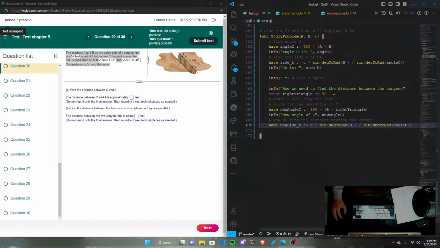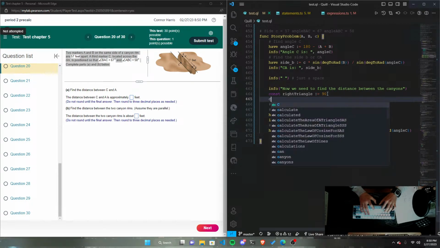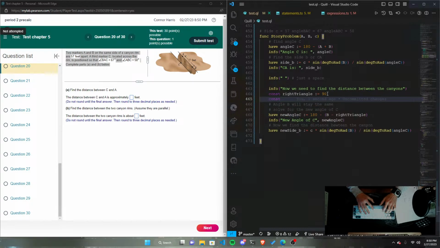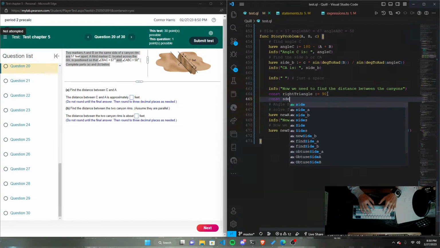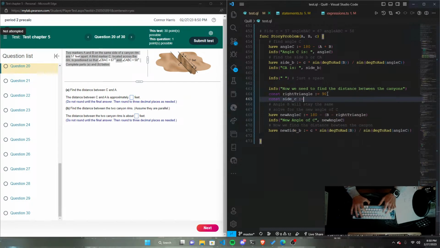Because we split it in half, we need to say const side_C is going to be equal to our C divided by 2, and that should give us our value here.